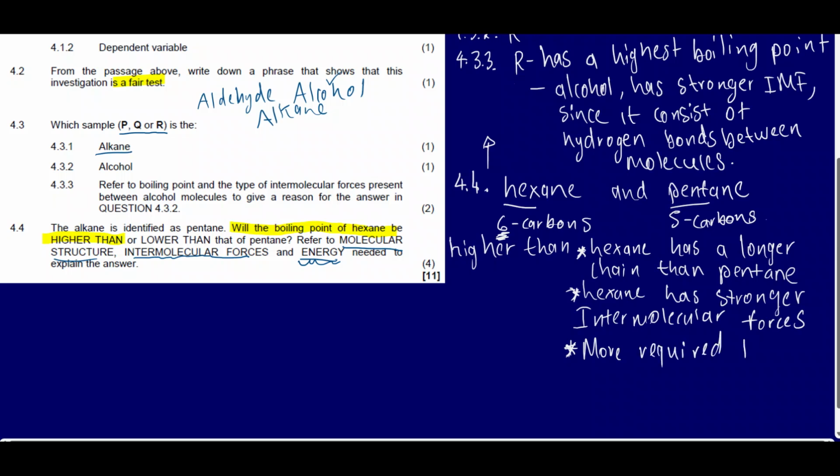So: more energy required to overcome or break the intermolecular forces.